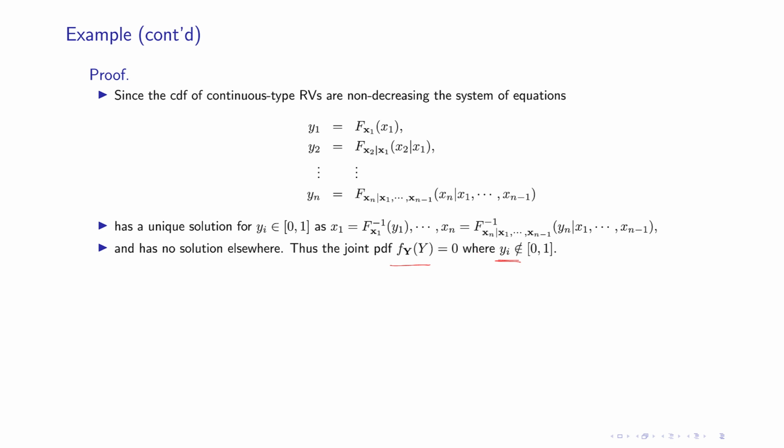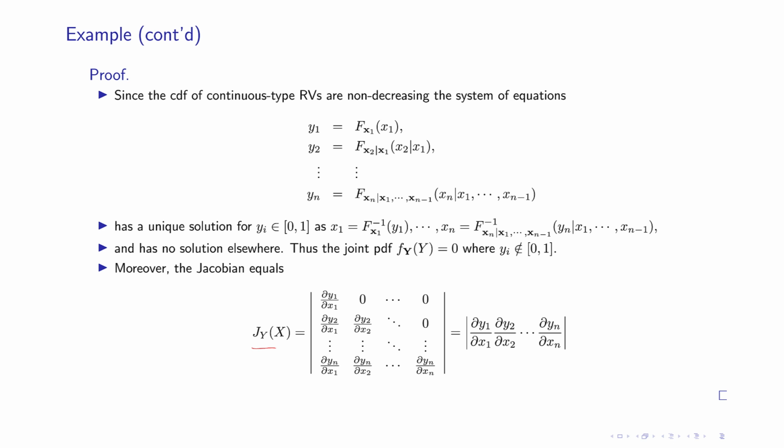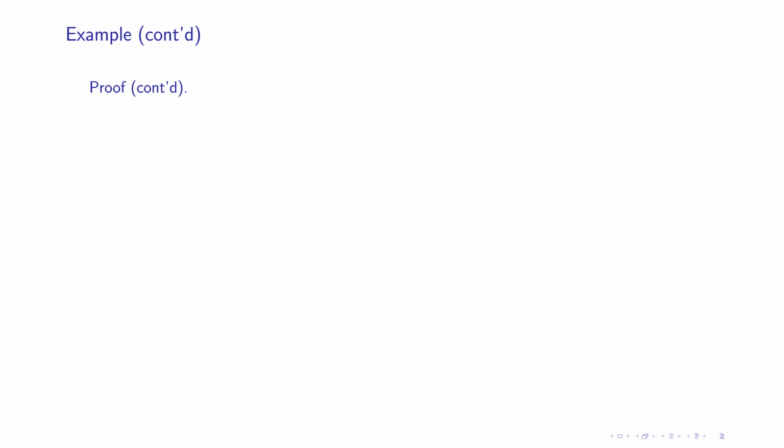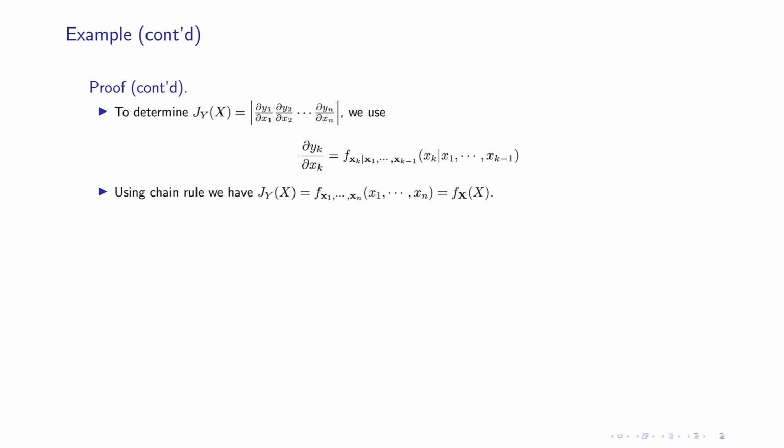And when all of them are in the interval 0, 1, the Jacobian is equal to the derivative of this one with respect to x1, the derivative of this with respect to x2, and so on. If you calculate the derivative, it is upper diagonal, so I don't care about the off-diagonal terms, and this becomes the product of the diagonal elements. The derivative of this becomes the PDF of x1, the conditional PDFs, and so on. So the Jacobian becomes the joint PDF.